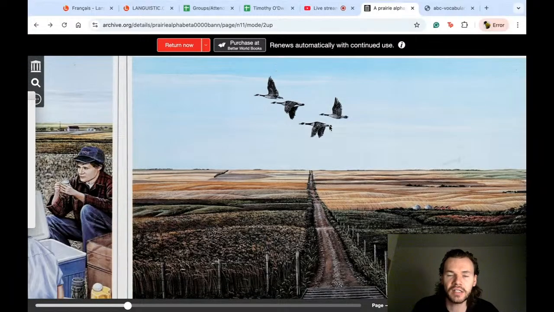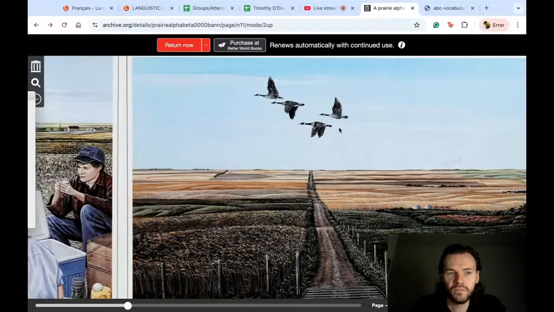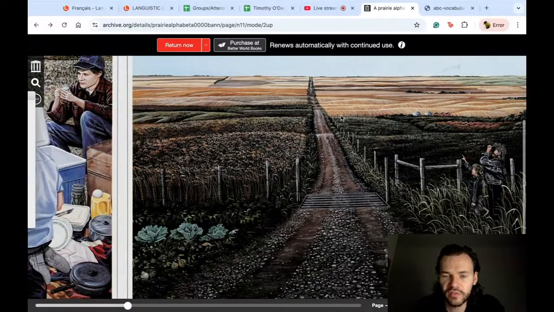These are Canada geese. How many Canada geese are there? Very good. We have 1, 2, 3, and 4. Very good.